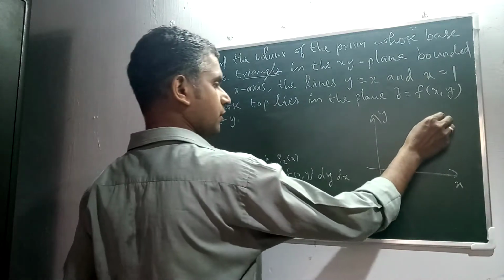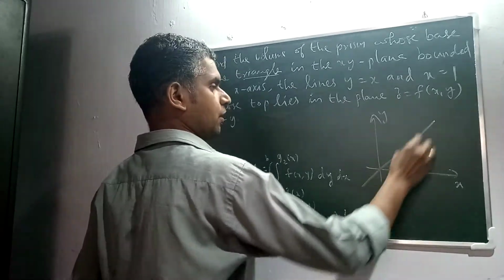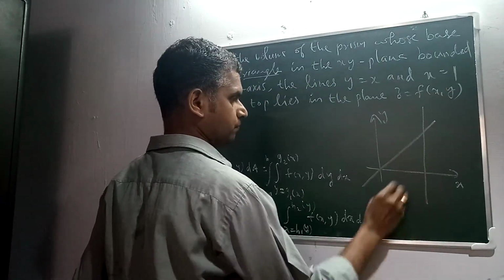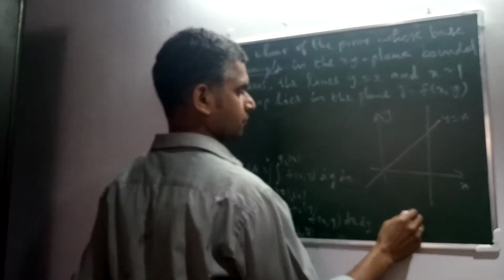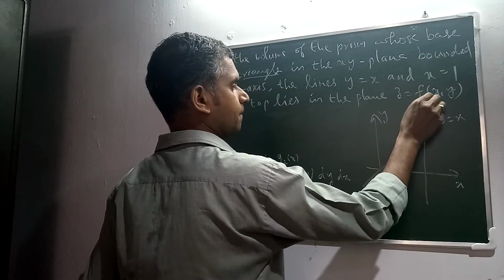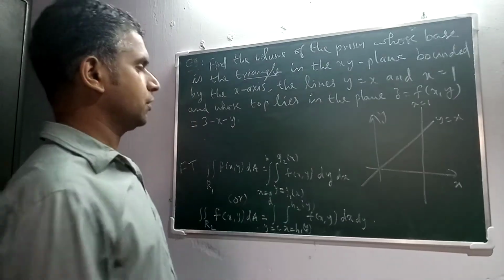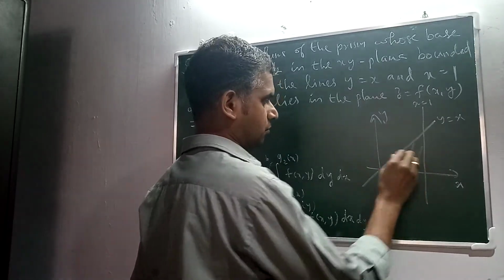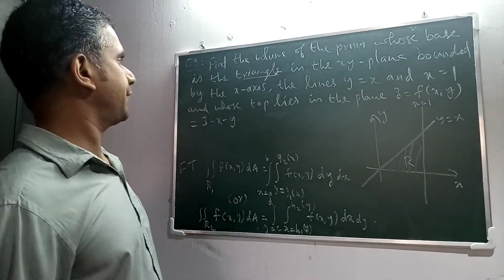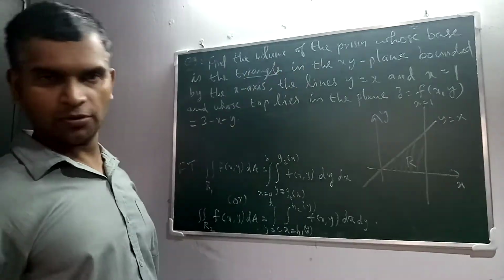So this is y equal to x and this is x is equal to 1. So this is the region R. And now you have to find the volume of the prism.